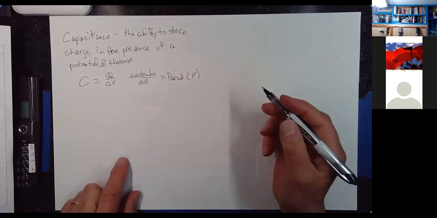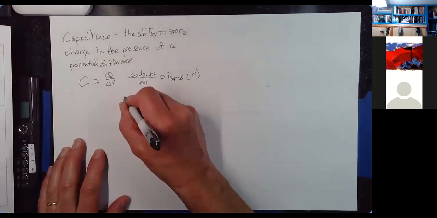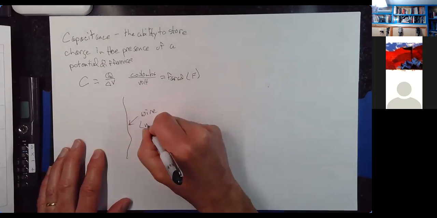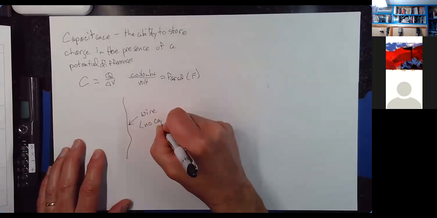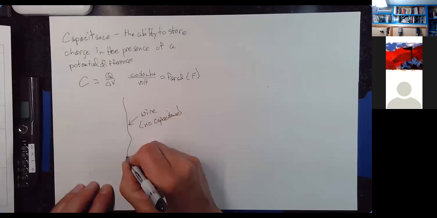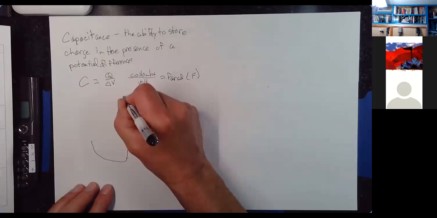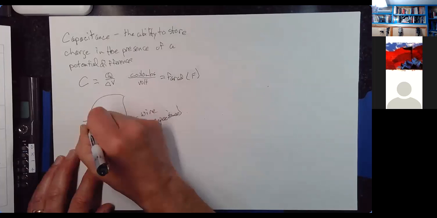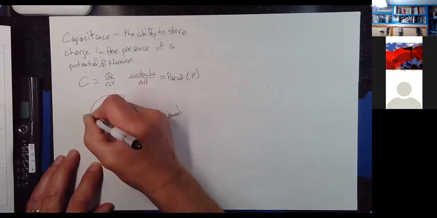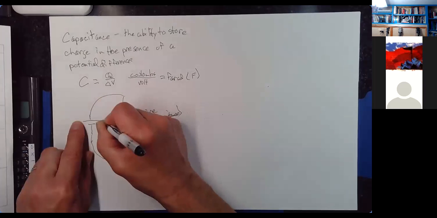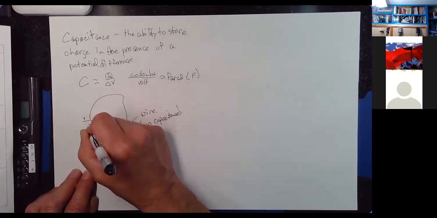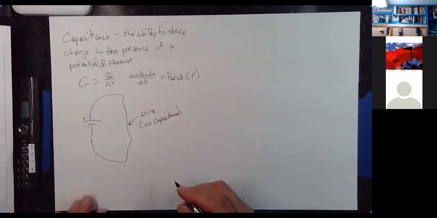Let's see, things that don't have capacitance. Just a plain old wire. Okay, if you hook a wire up to a battery and try to apply charge to it, and this is the chemical symbol for a battery, the long line on top signifies the positive terminal of the battery, and the short line on the bottom signifies the negative terminal.